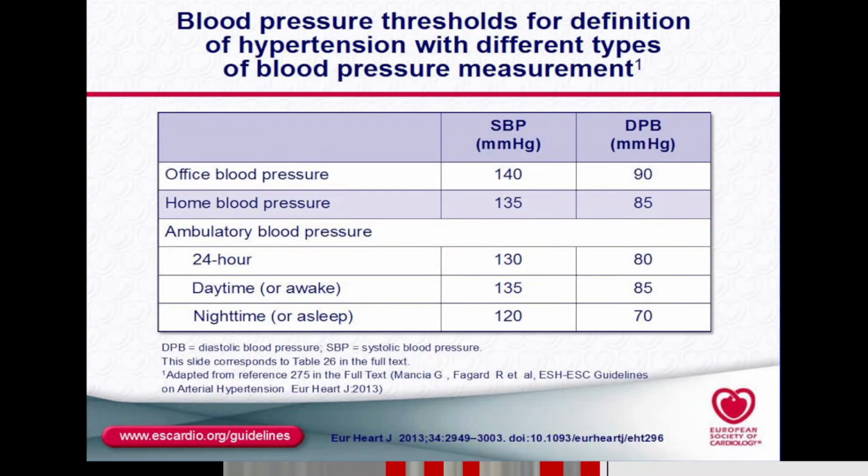Blood pressure recommendation, threshold level, I think everything is clear: office blood pressure 140/90, home blood pressure 135/85, ambulatory blood pressure, in general, daytime, nighttime, I think it is clear.